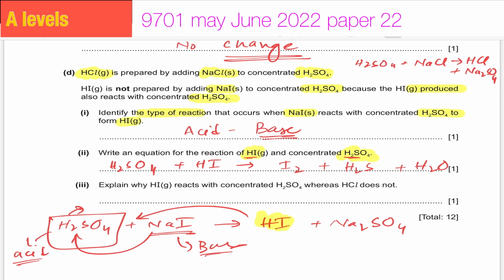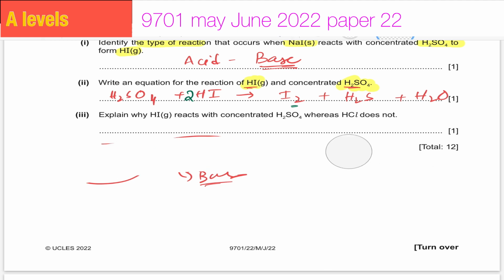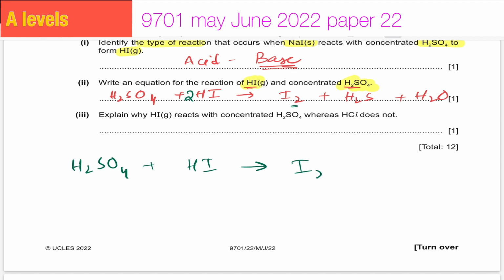Now let's balance this chemical reaction. We have two hydrogens and two iodines, so this would be 2HI. To balance, let's find the oxidation states, just like we balance a redox reaction, so that you all get a clear idea. H2SO4 reacts with HI to give iodine plus H2S plus H2O.